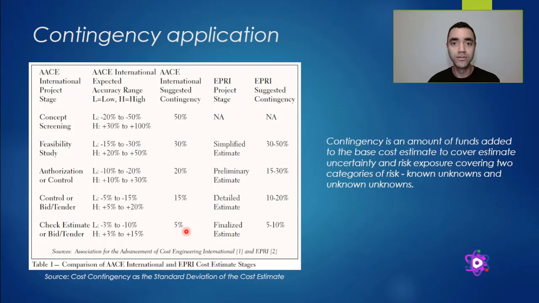So as you reduce the risks, you are able to reduce the contingency from 50% in the earlier stage of your studies up to 5% in the end of your studies, where your definition of your project is around 50 to 100%. So this is the international suggested contingency.